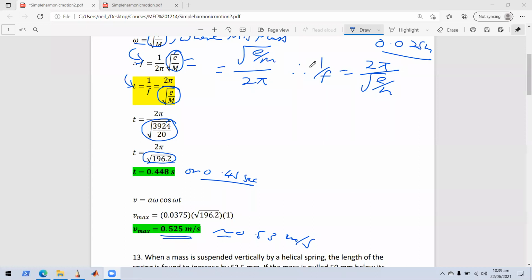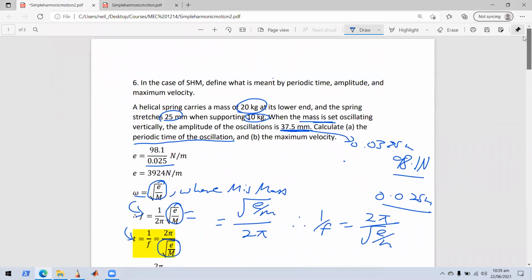So yeah, one for me, sir. For the V max, 0.0375. I understand the other two values. So the 0.0375, where exactly did that come from? That's from the amplitude, right? In the question, I probably got too much stuff. Let me erase.